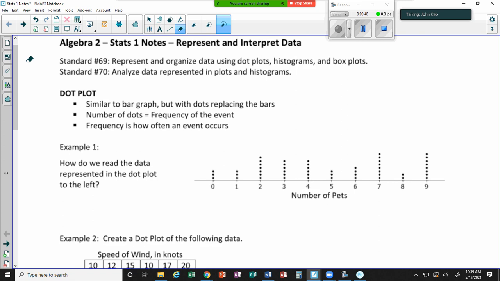So if they give us this dot plot here, it's the number of pets. Usually they give you some background on the problem.